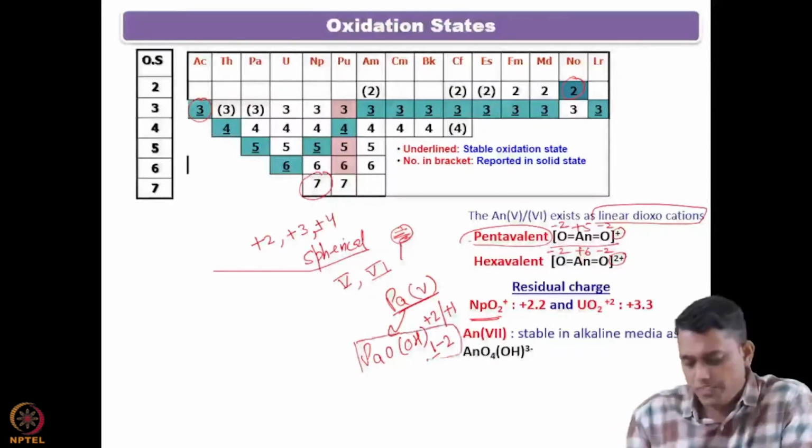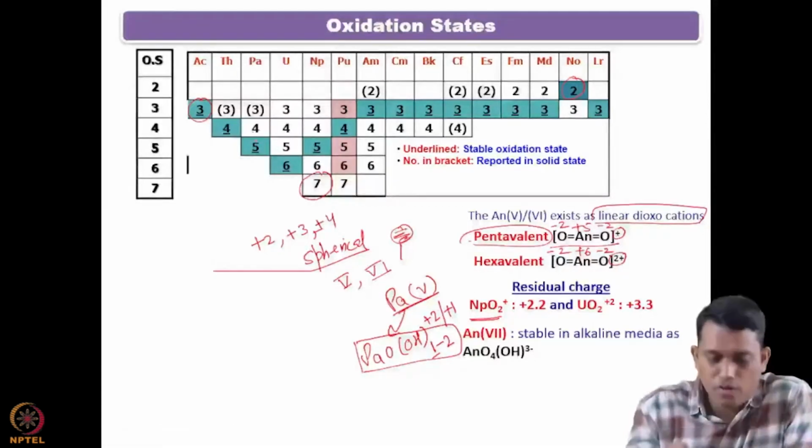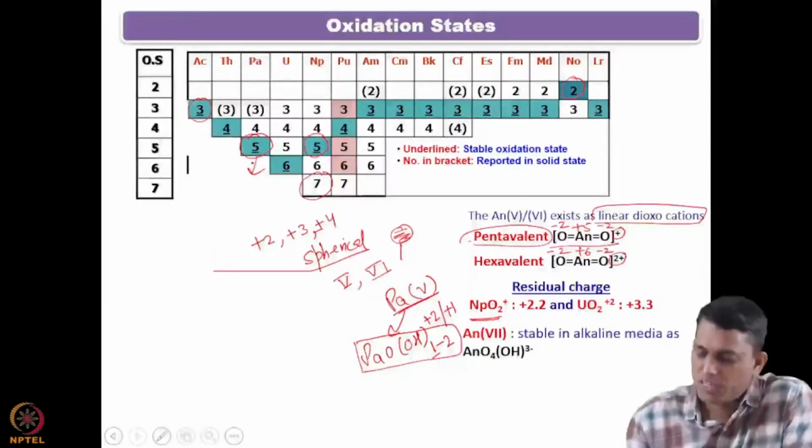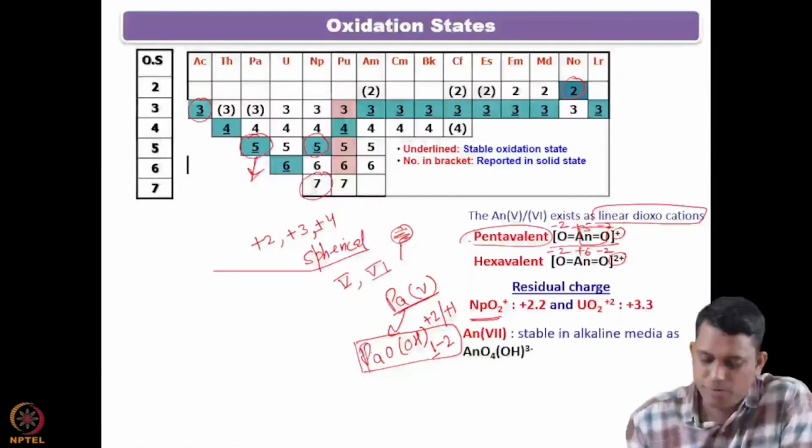So this is the difference: although this is the most stable state of protactinium, just like neptunium, it doesn't exist as a dioxocation, because the formation of the dioxocation is very difficult because of the symmetry of orbitals, and they cannot make pi bonds with the second oxygen, so they prefer to remain in this form.